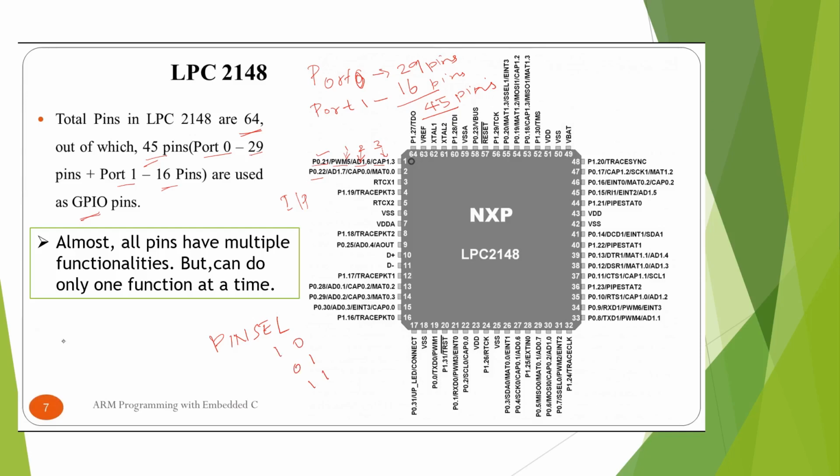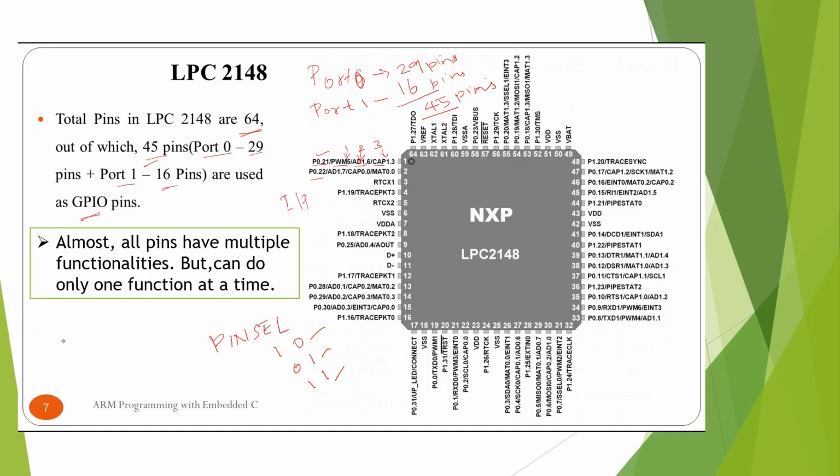Like this, you can select the secondary functions. Suppose 10 represents PWM. If you want to generate PWM, then you have to put 10 in that pin select register. Then that pin will act as a PWM signal generator. Like this, 01 for analog to digital and 11 for CAP. Actually, each pin can have a maximum of 4 functionalities.